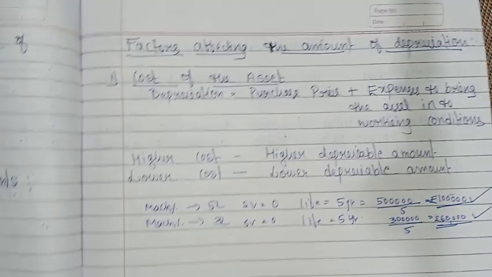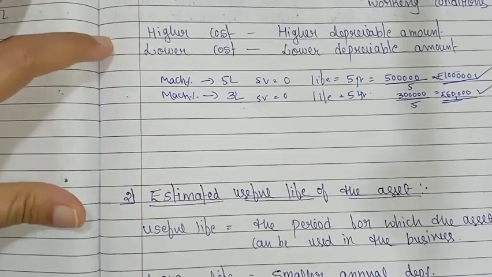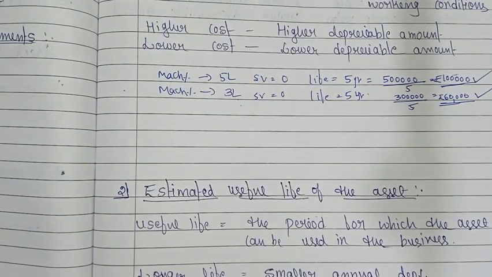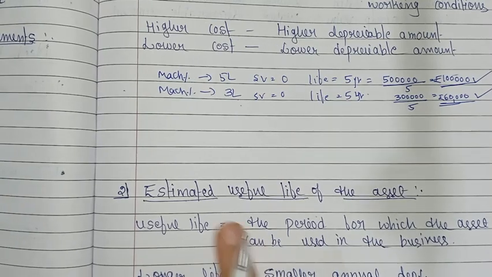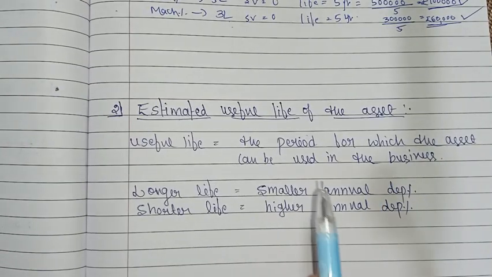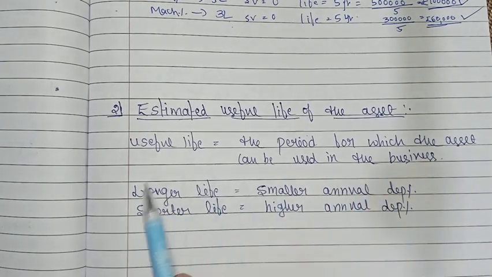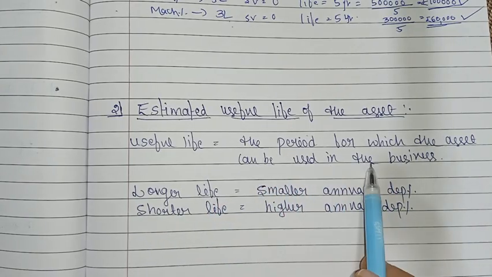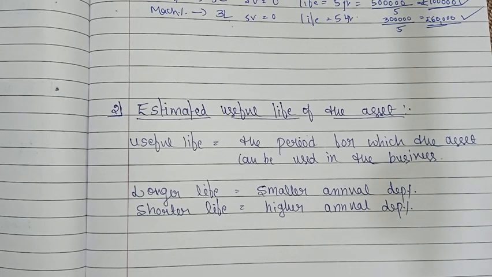Let's see the second factor affecting the amount of depreciation, that is the estimated useful life of the asset. Useful life means the period for which the asset can be used in the business.